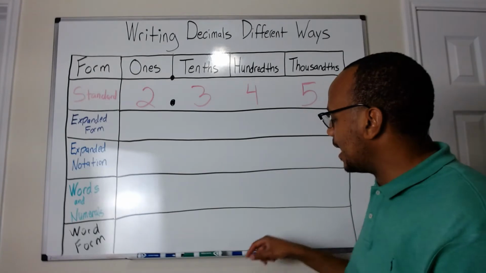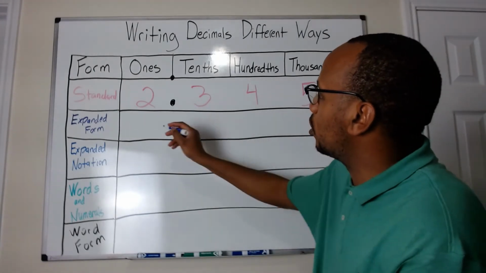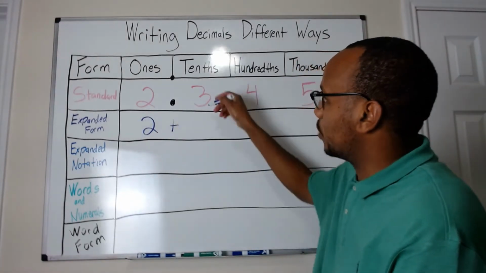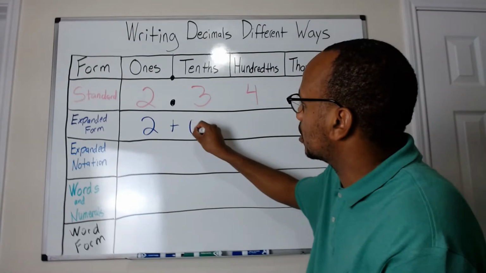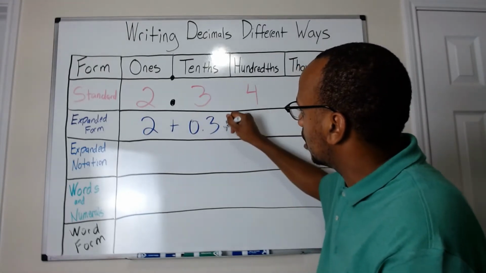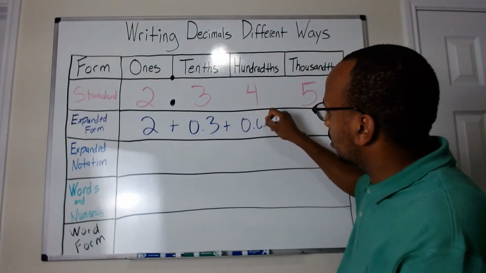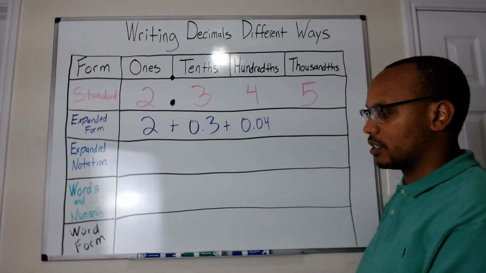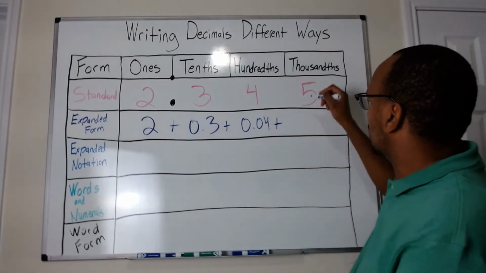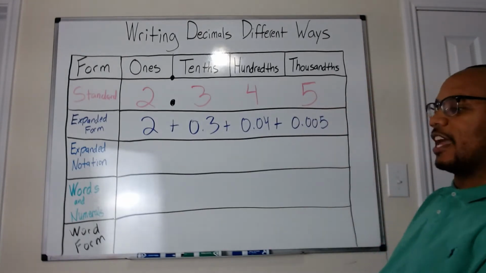In expanded form, this number is 2 ones, which is 2, plus 3 tenths, which is 0 and 3 tenths, plus 4 hundredths, which is 0 and 4 hundredths, plus 5 thousandths, which is 0 and 5 thousandths.